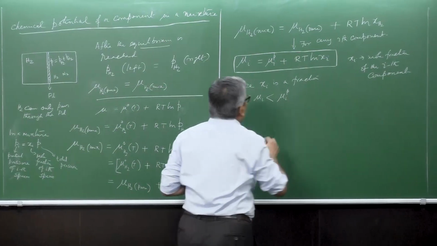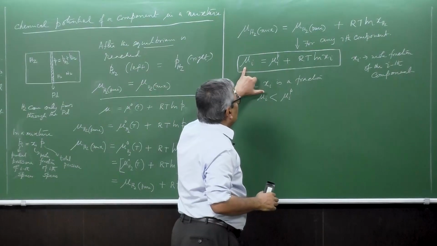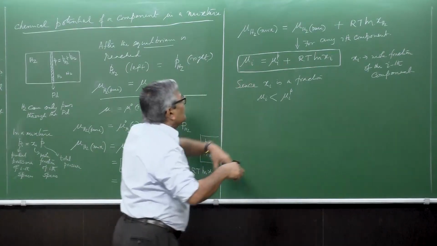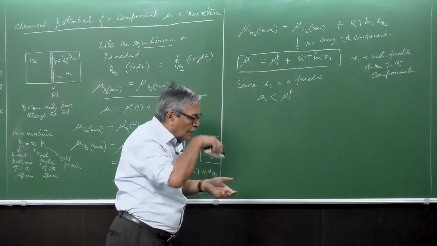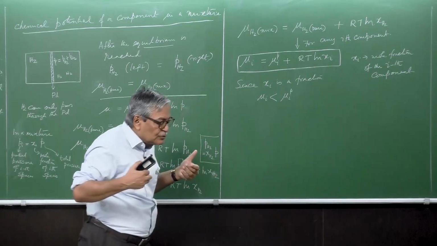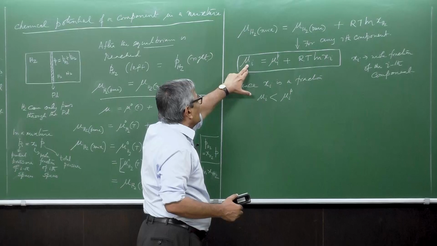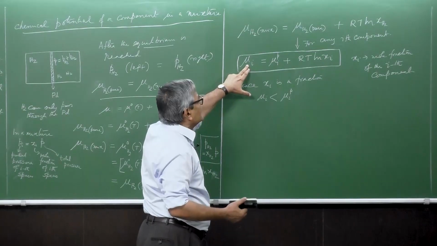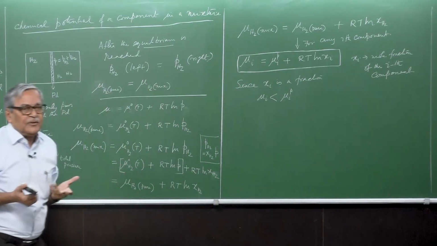So when you put a component or a species in a mixture, I am talking mainly about gases, the gases tend to mix because the final chemical potential of the component in a mixture is always less than the chemical potential of the pure substance.